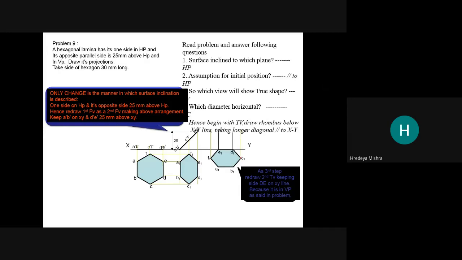Now we draw the projections and get another hexagon, that is the front view.